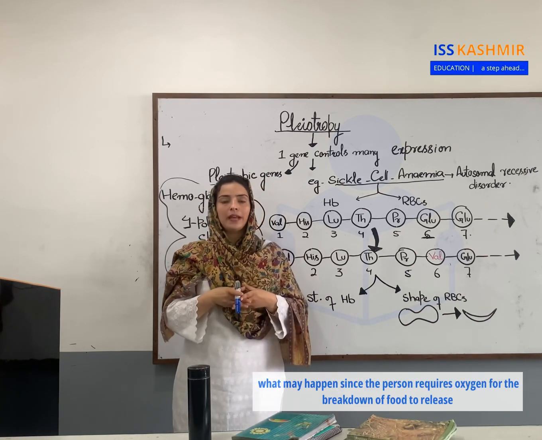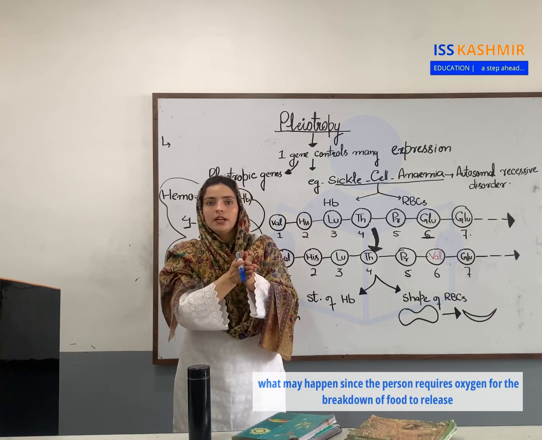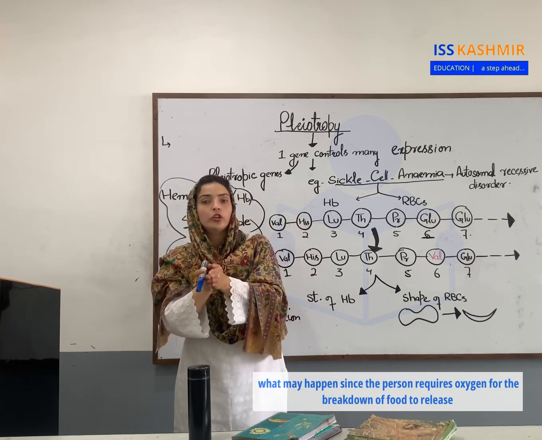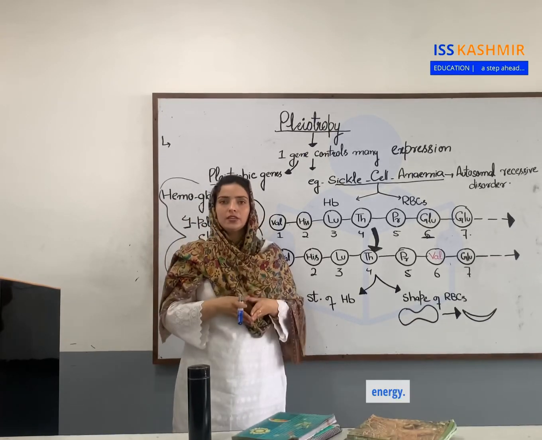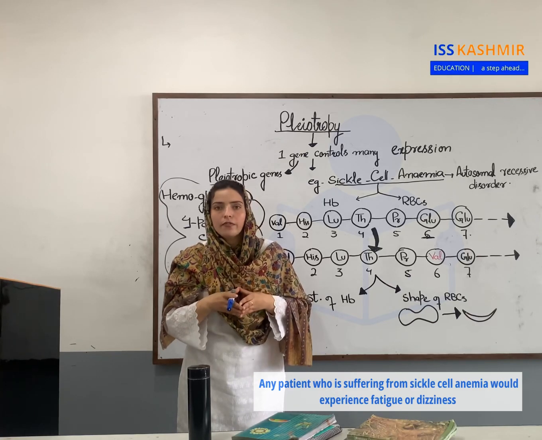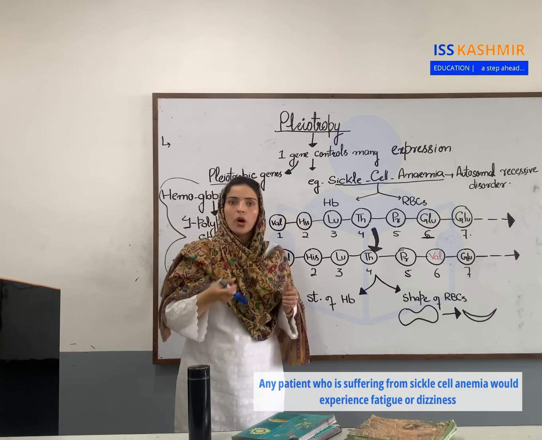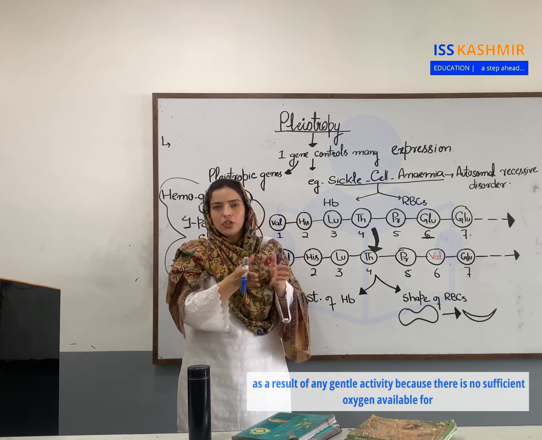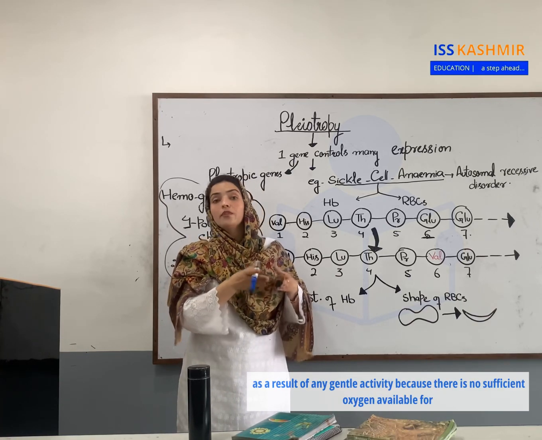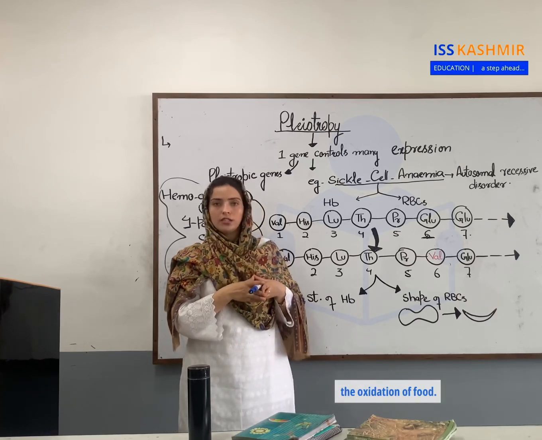As a result, since the person requires oxygen for the breakdown of food to release energy, any patient suffering from sickle cell anemia would experience fatigue or dizziness as a result of any gentle activity, because there is not sufficient oxygen available for the oxidation of food.